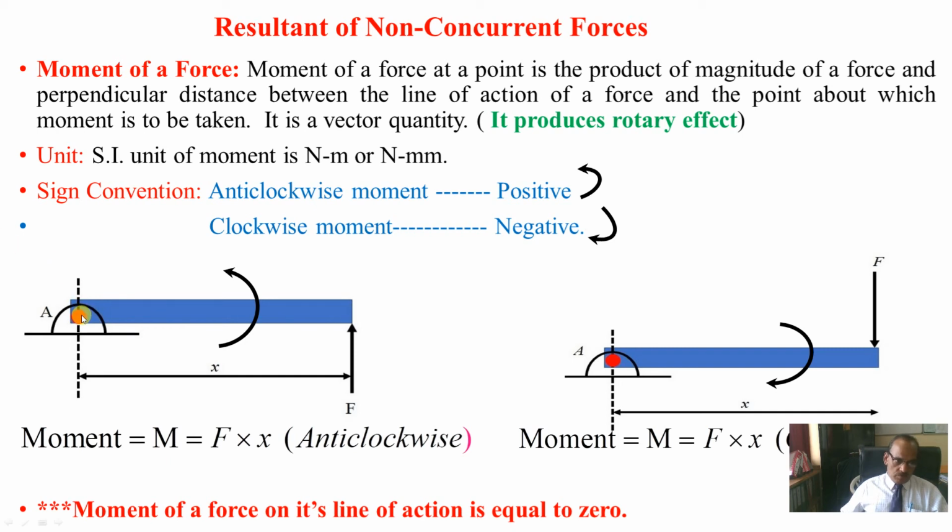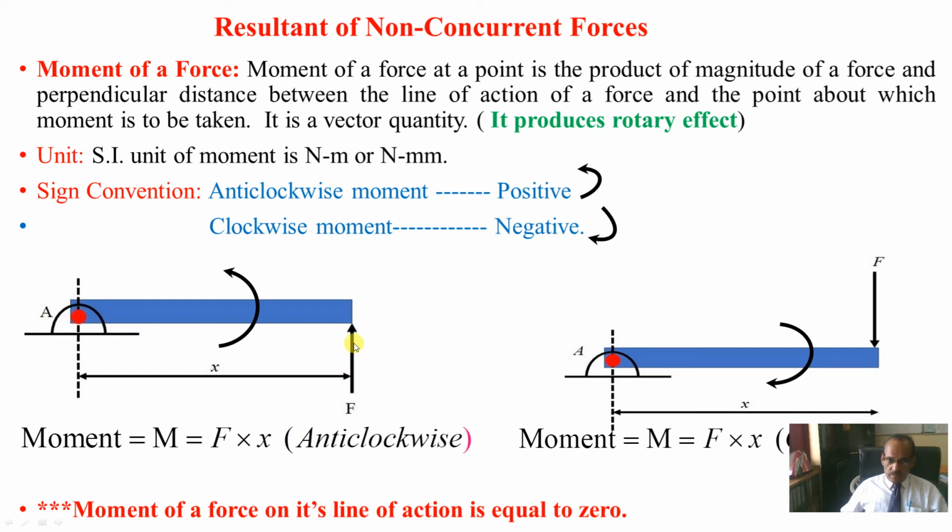Now you see, this is a point A, which is a hinge support, and this is a beam, and at this point this force is acting on the beam in the upward direction. So when the force is acting upward, this A is a point of rotation.